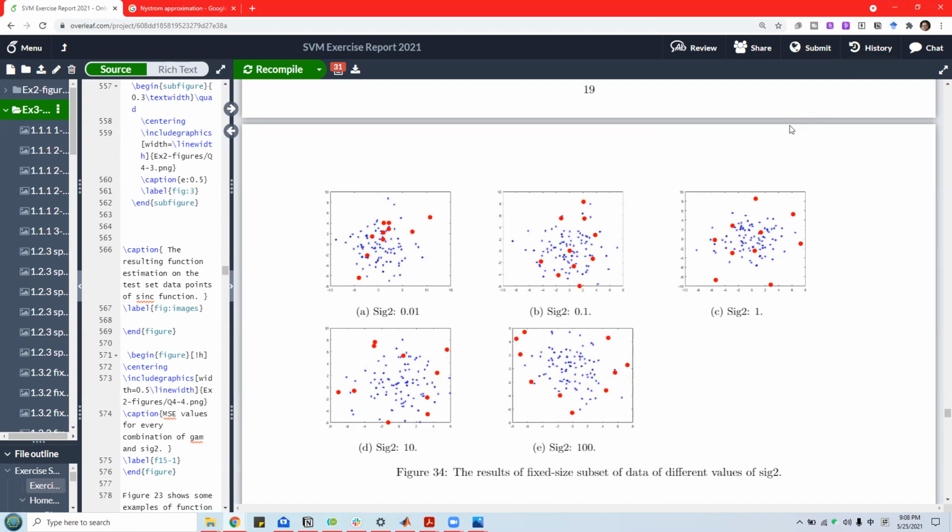I think it's right. Based on my understanding, the sigma squared value determines, like what we previously discussed, a small sigma squared focuses more on individual data points. So when sigma squared is really small, each individual data point plays an important role in the whole data set.